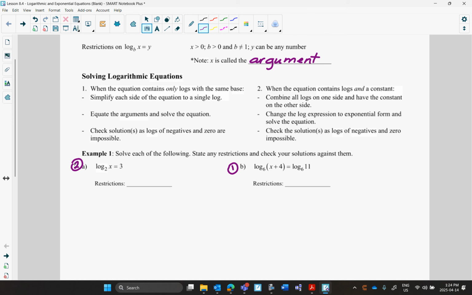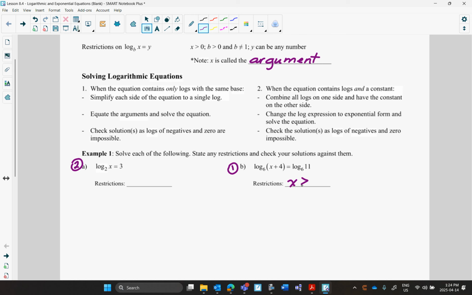Well, pretty straightforward. Remember when we solved exponential equations, if we got the bases the same, we just cross them out and solve what's left, right? Same with logs. So here, we might as well go ahead and do this one, even though it's the second one. First of all, what are the restrictions? X has to be greater than what?